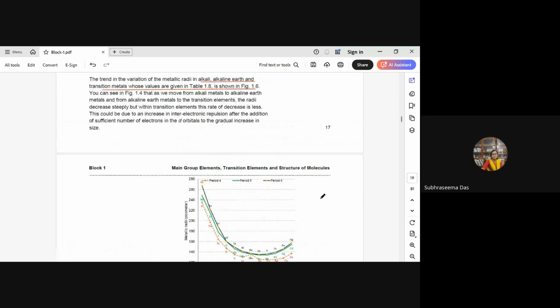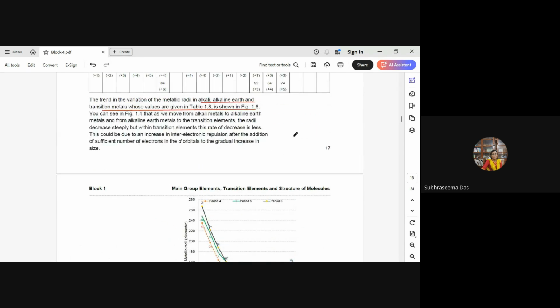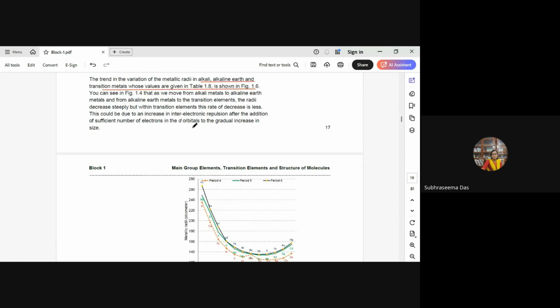As we move from alkali metals, that is group 1 elements, to alkaline earth metals and then the transition metals, the radius decreases very sharply. Within the transition elements, although the radius decreases, the decrease is not as sharp as from alkali metals to alkaline earth metals.